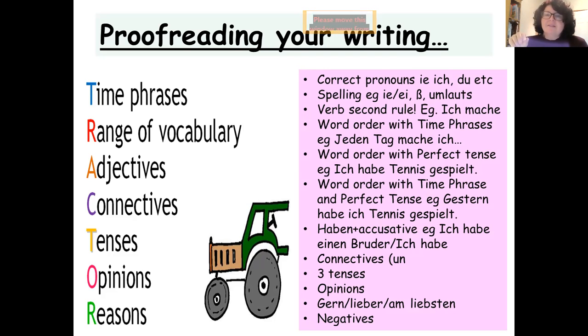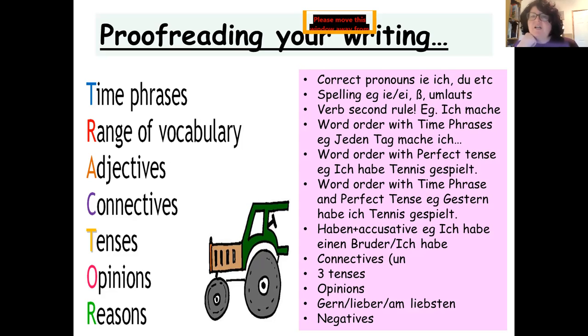Okay. So gestern habe ich Tennis gespielt. So yesterday. This is a tricky sentence because you have yesterday I played. So remember the verb is always second, the pronoun afterwards. And then gespielt is at the very end. Our past participle is at the end.